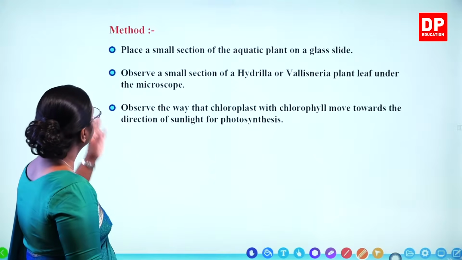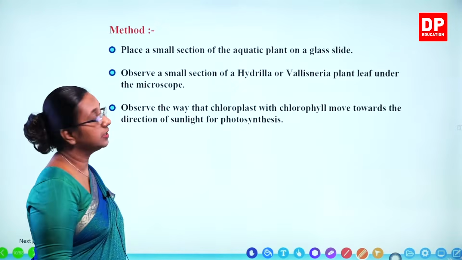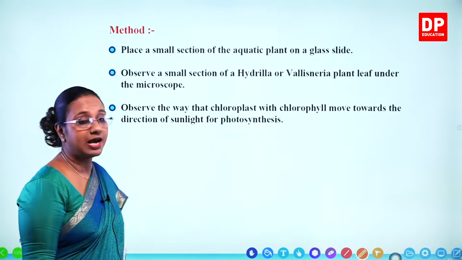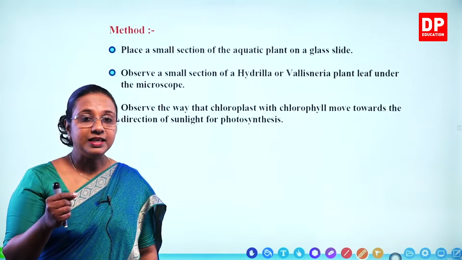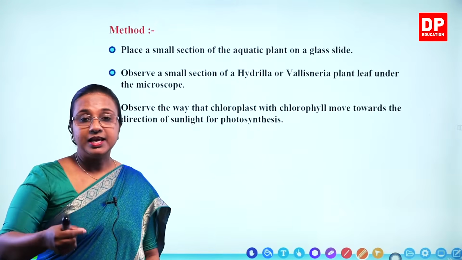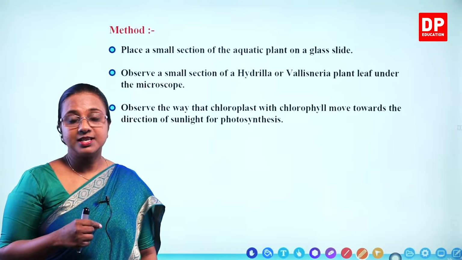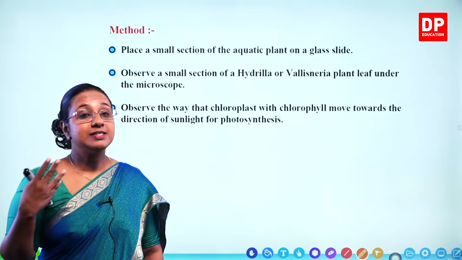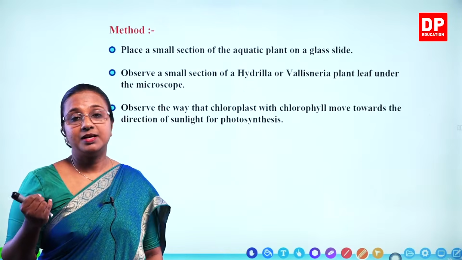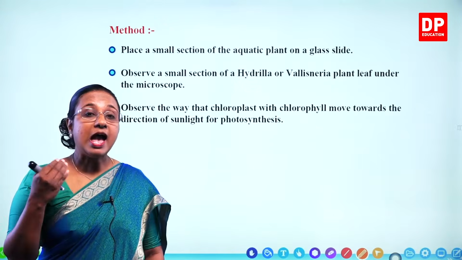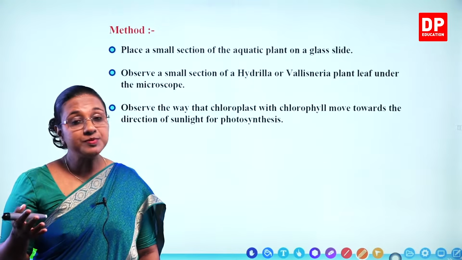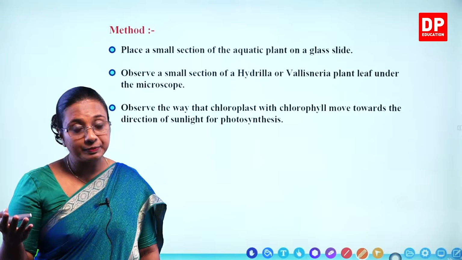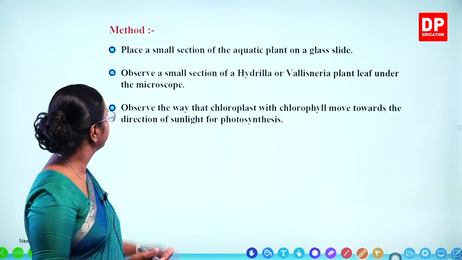The method: place a small section of the aquatic plant on a glass slide. Why do we need an aquatic plant? One thing, you can take them and place it on a glass slide, put a drop of water. Since they have the water environment, they will be alive, and also because of their nature, you can observe the chlorophyll or the chloroplast very clearly.